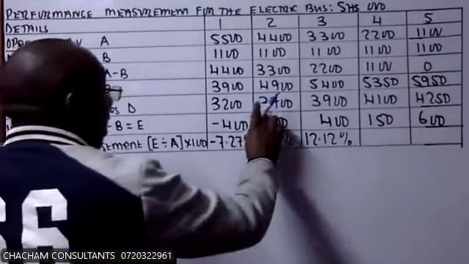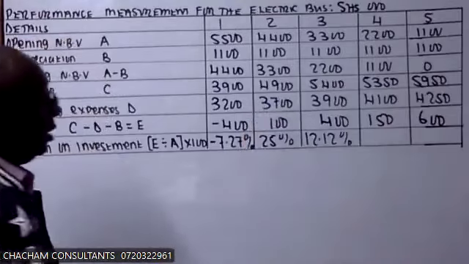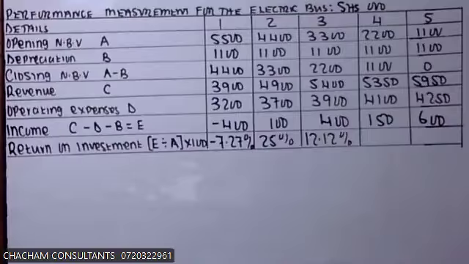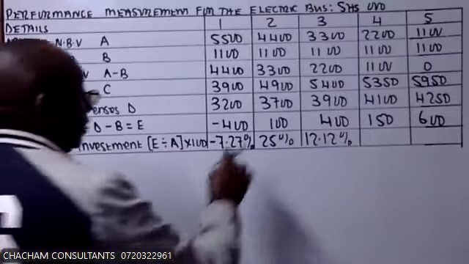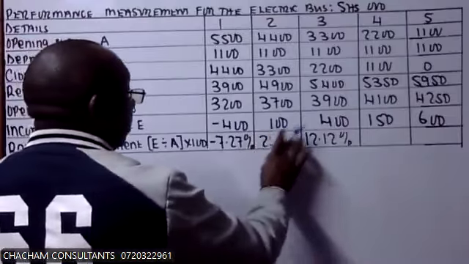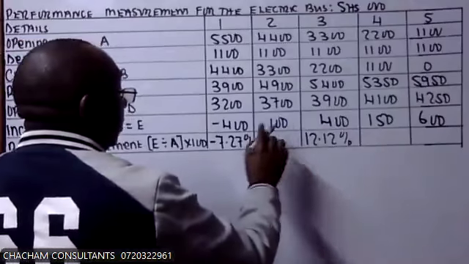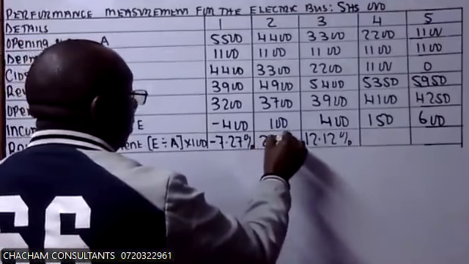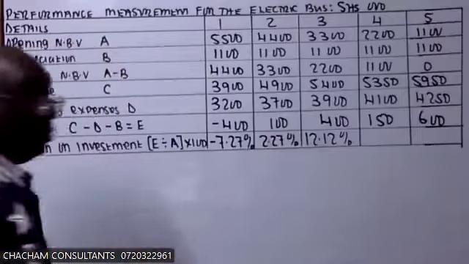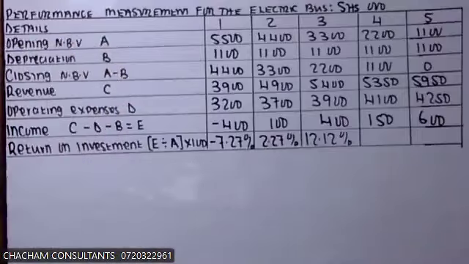Oh, this was 100. Okay. So if it is 100, we divide by 4400. Oh, so this is the one. Yes, thank you, JM. 2.27%. Good, 2.27%.